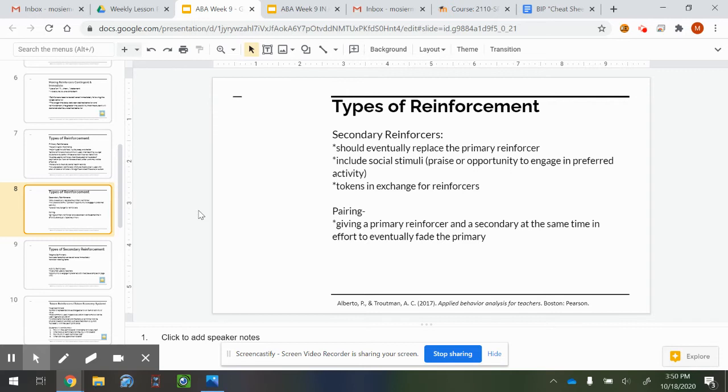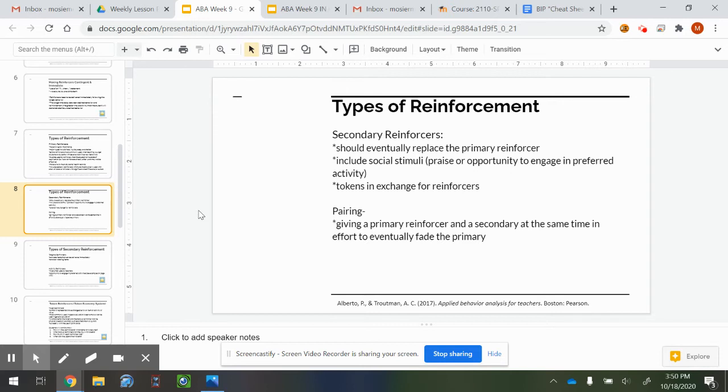It's important to use pairing. If you've got a student that is only functioning at the level that they will respond to primary reinforcers, including a secondary reinforcer at the same time will help to eventually fade out that primary reinforcer. An example of this is they give a good one in the book here.